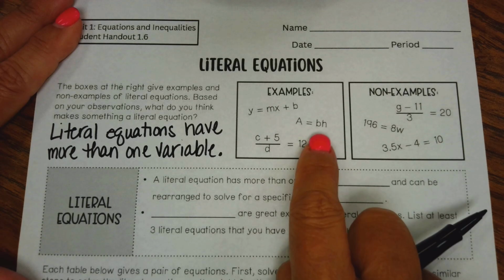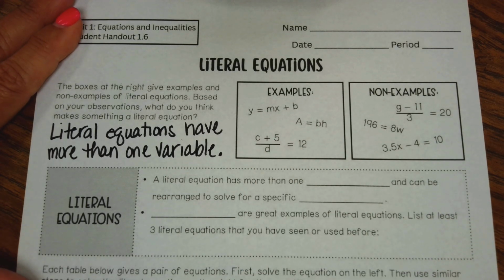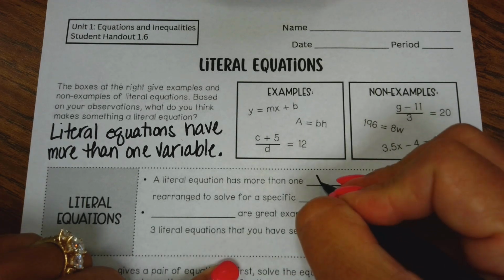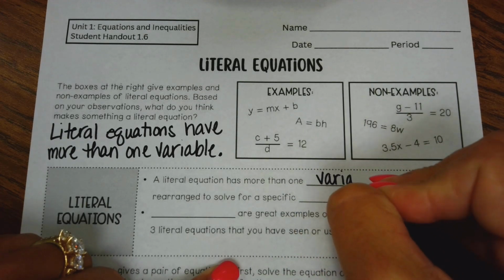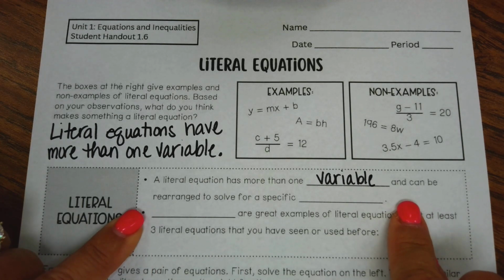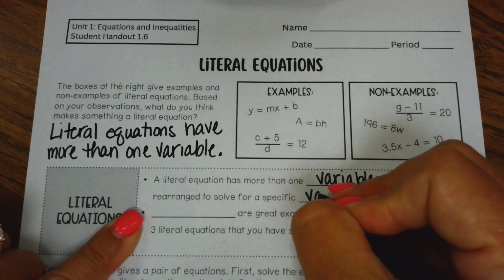Some of them have 3, some of them had 2, some of them had 4, but they all have more than one variable. So a literal equation has more than one variable and can be rearranged to solve for a specific variable.